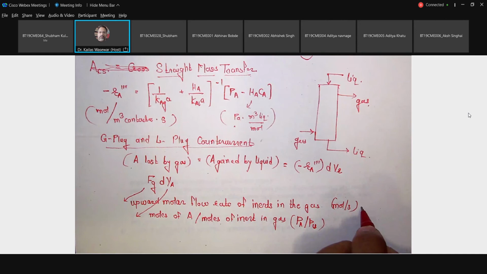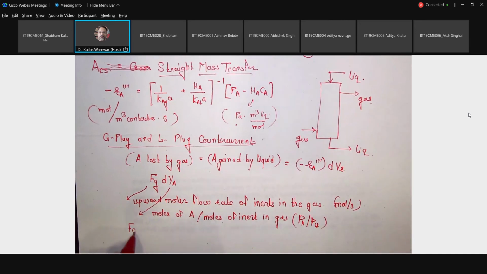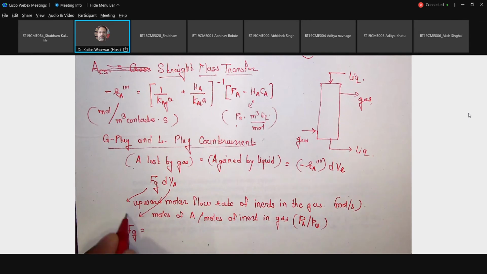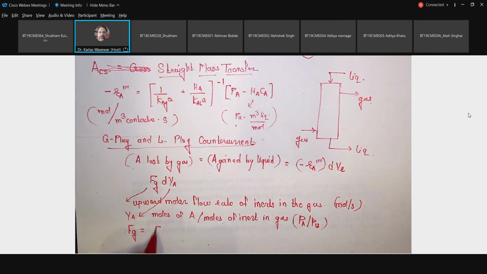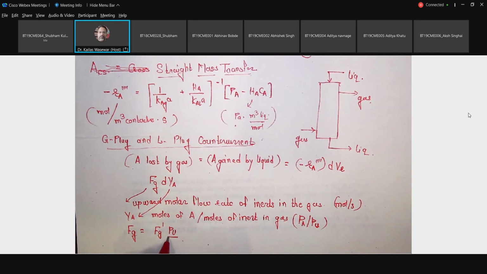Similarly, this Fg is equal to Fg prime Pu upon pi.